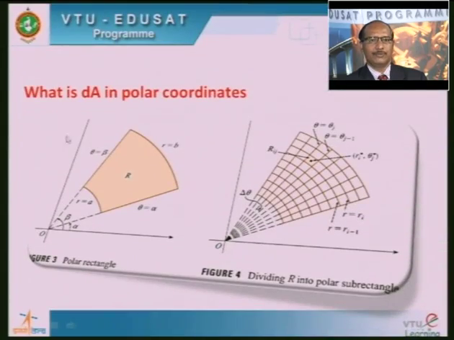You can see here what I told you. Theta equal to alpha is a ray making an angle with the x axis, and theta equal to beta is another angle with the x axis, and r equal to a is a circle. You can see the part of the circle drawn here, and r equal to b is another circle.